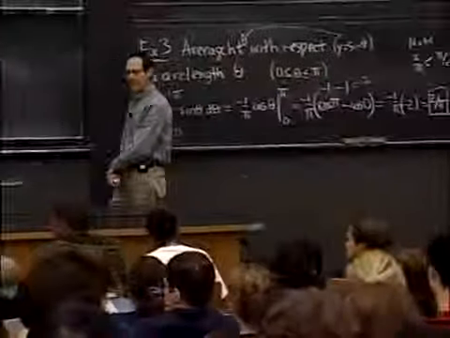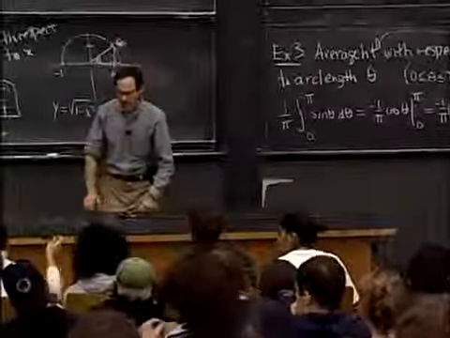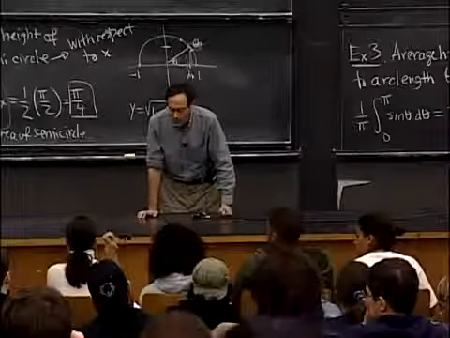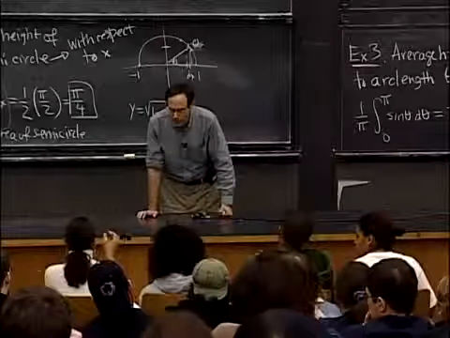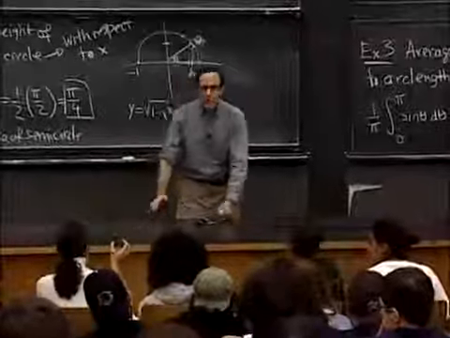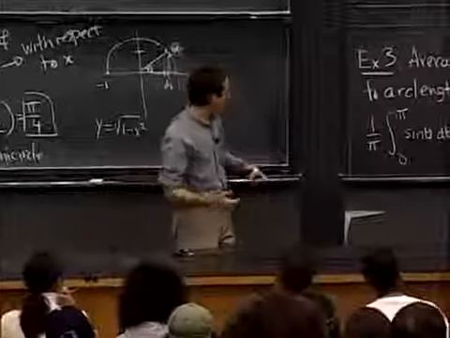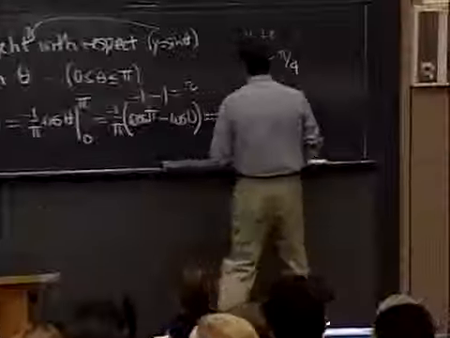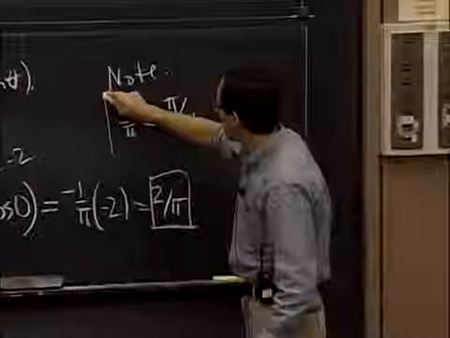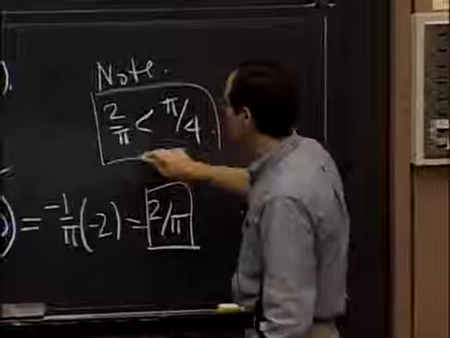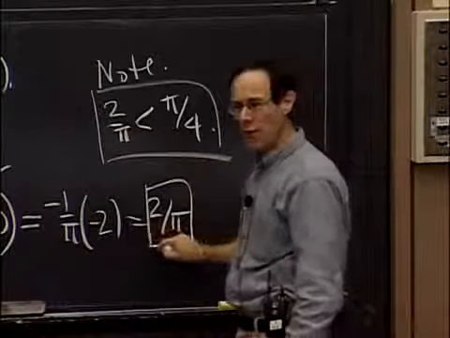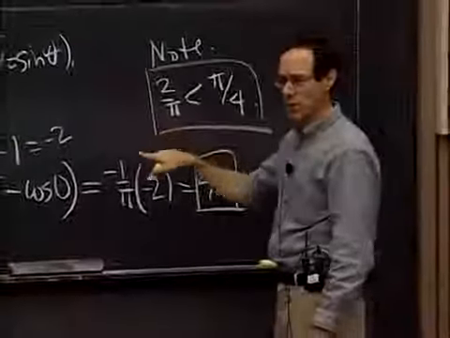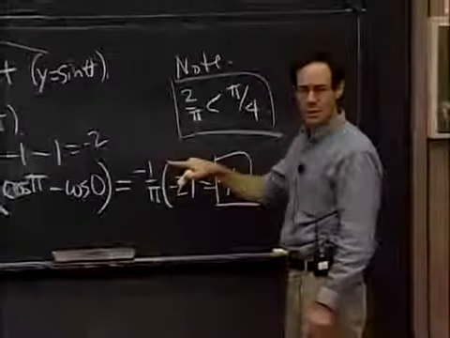Yeah. So I heard your explanation for why this value should be smaller than what we got in the previous, but I don't think I quite understood the logic behind it. Could you just repeat it briefly? All right, let me repeat. So the question was to repeat the reasoning by which I guessed in advance that probably this was going to be the relationship between the average value with respect to arc length versus the average value with respect to this horizontal distance.